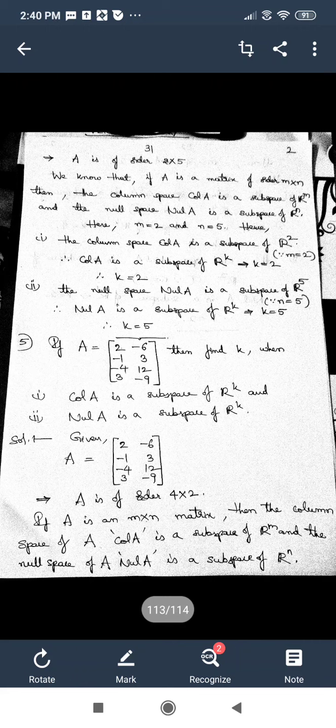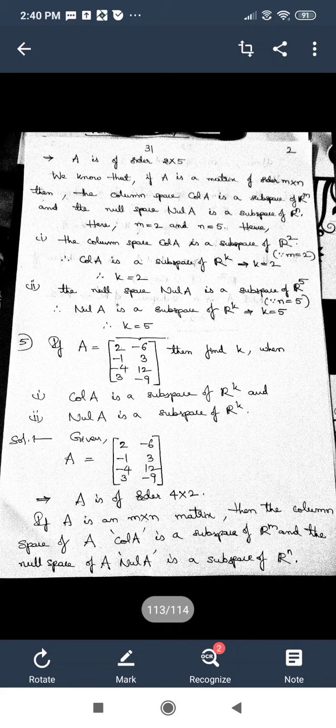Now here A is of order 4 by 2, which means A has 4 rows and 2 columns. So we should recall the note point again and mention it in this problem also, in the next steps.